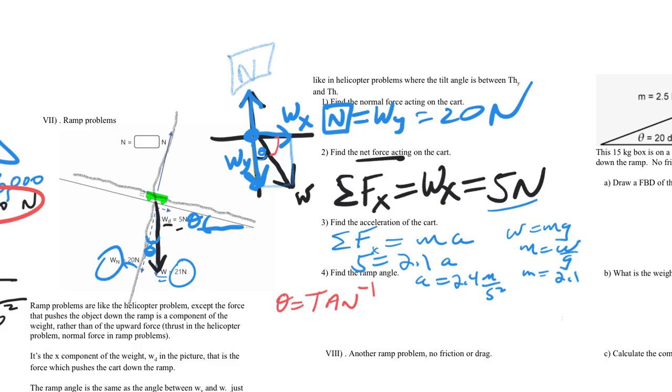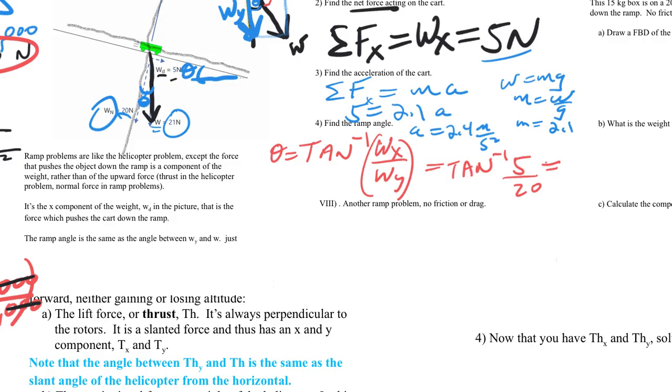So when I put my equation on the equation sheet, you have to flip it. So this would be tangent of theta equals wx over wy, instead of what's on my equation sheet. So it'd be wx over wy, which is inverse tangent of 5 over 20, which I get to be 14 degrees.